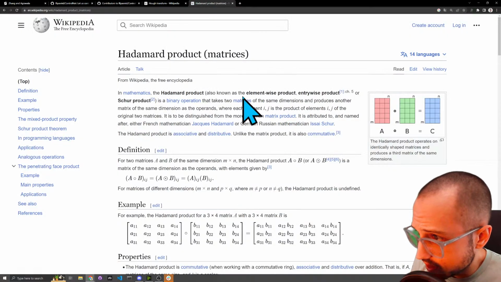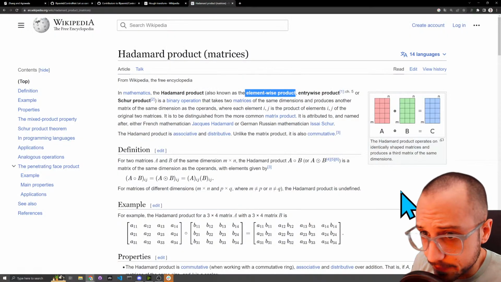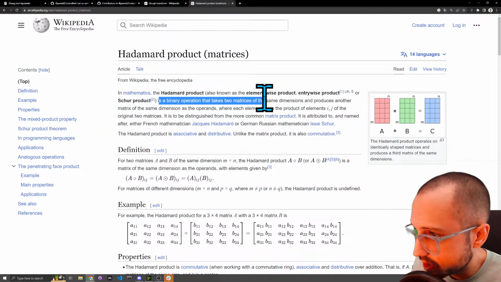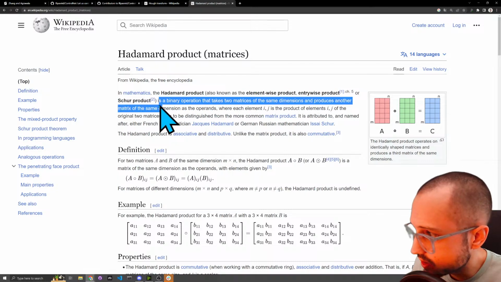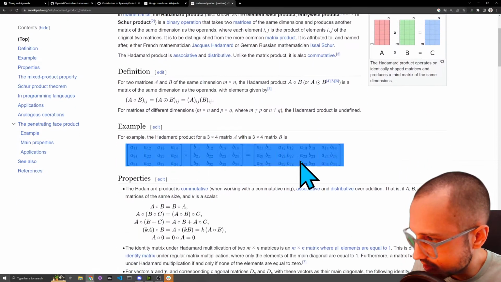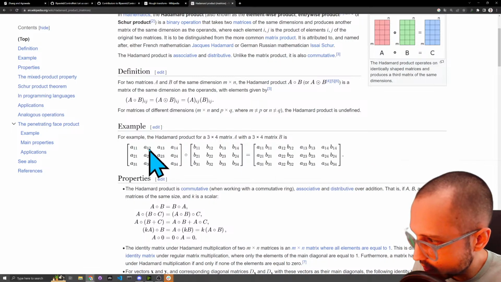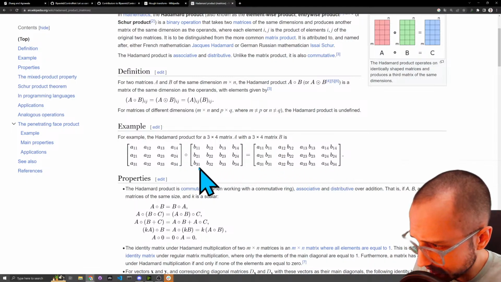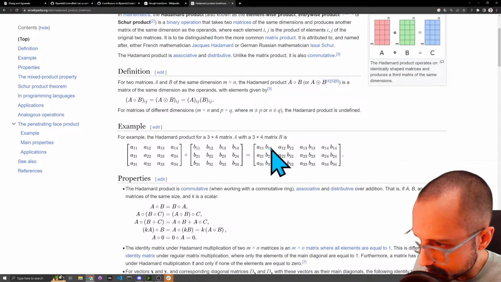Hadamard product is element-wise product, a binary operation that takes two matrices of the same dimension and produces a matrix of the same dimension. So A11, A12, this is some matrix, B11, B12, and you see how the resulting matrix is going to be the exact same size, 3 by 4. And each element is just going to be the individual multiplication of the elements.